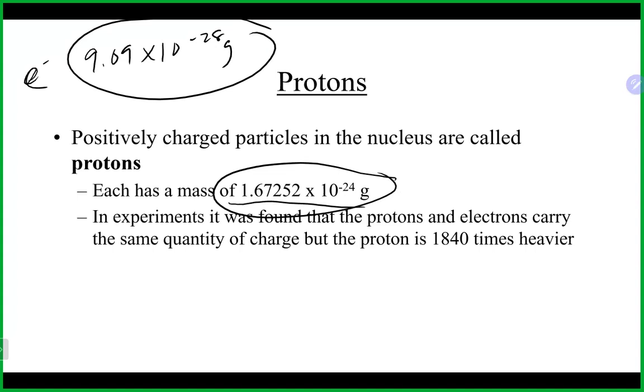A reminder that when you look at negative exponents in scientific notation, the smaller negative exponent is actually the larger number, because for the bottom one you're going 24 places and adding zeros, and for the top one you're going 28 places and adding zeros, which makes it a lot smaller. This also lends credit to the idea that it's not the electrons that are the most massive part of the atom, but the nucleus, because in the nucleus we have protons, each 1,800 or so times heavier than any electron flying around.